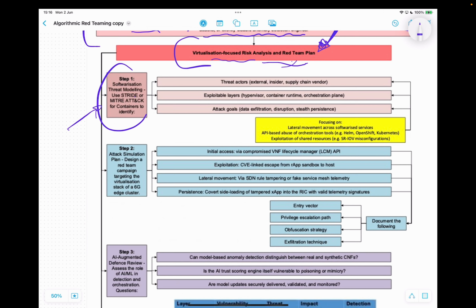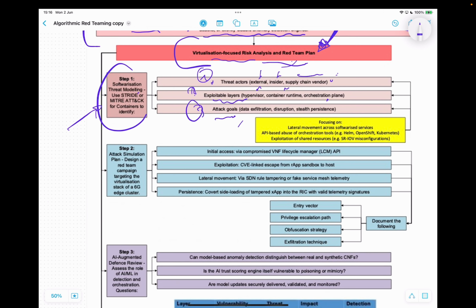So you would use STRIDE or MITRE ATT&CK for containing the identity. You could analyze threat actors, so external and internal, supply chain vendors for example, that could also be in the list. You need to assess the exploitable layers: the hypervisor, the container runtime, the orchestration plane. And you need to look at the attack goals.